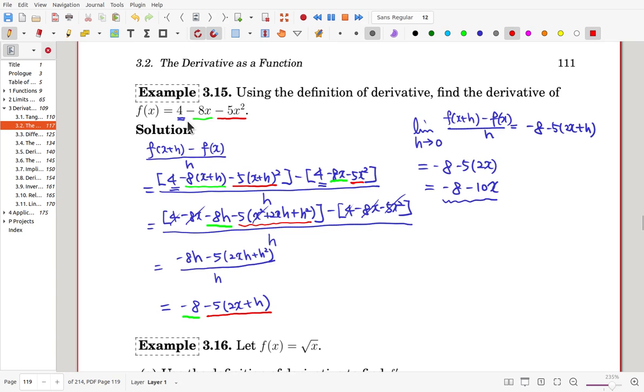For the constant there's no contribution, and probably if you learned AP calculus in high school, the derivative of a constant term is 0. From this one we have minus 8, and from this one we eventually have minus 10x. Okay?